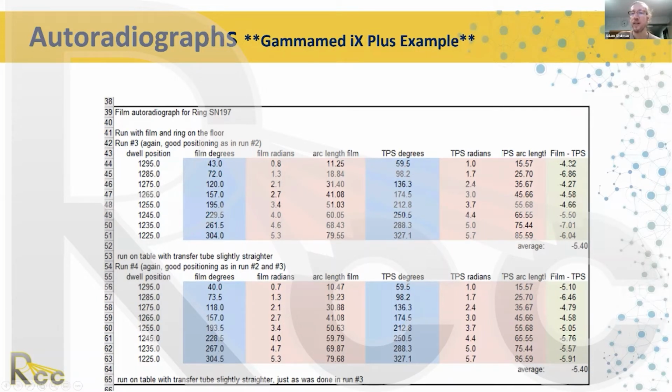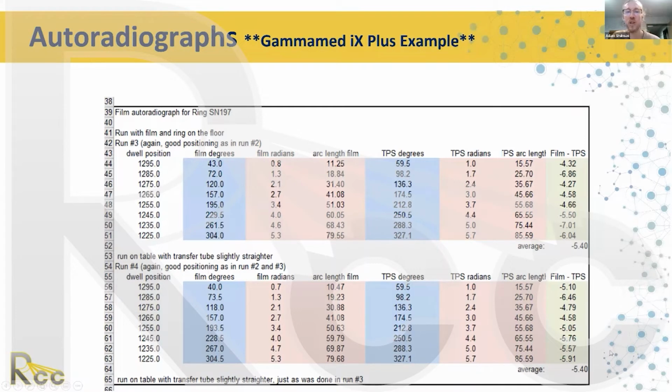So you can see I've got offsets of minus 4.3, minus 6.8, minus 4.3, and so on, averaging out around the entire ring. It averages out to be about minus 5.4 millimeters. I did it a second time, repeated it. I got some slight differences in individual measurements, but overall I got the same average, minus 5.4.